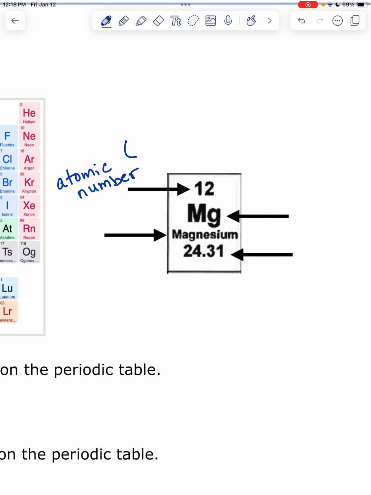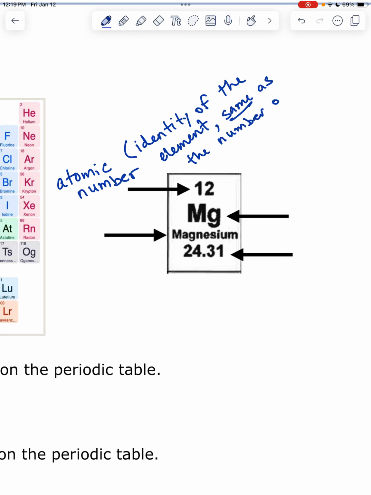I want you to show that it's the identity of the element, right? That is like its social security number. That's like its ID. And it's also the same as the number of protons that an atom's nucleus has. So that's the atomic number up there.